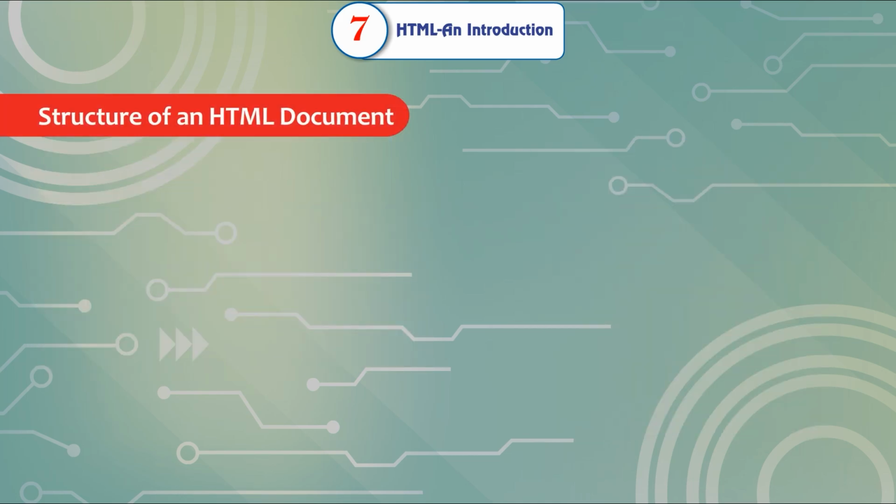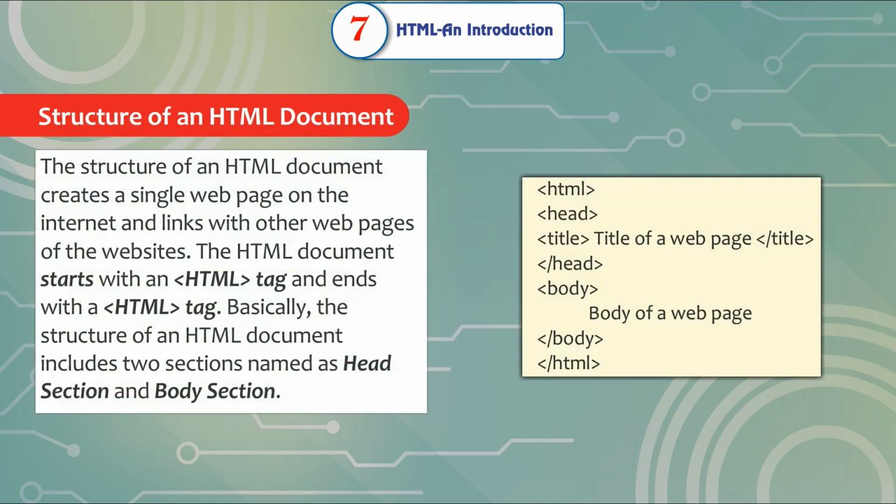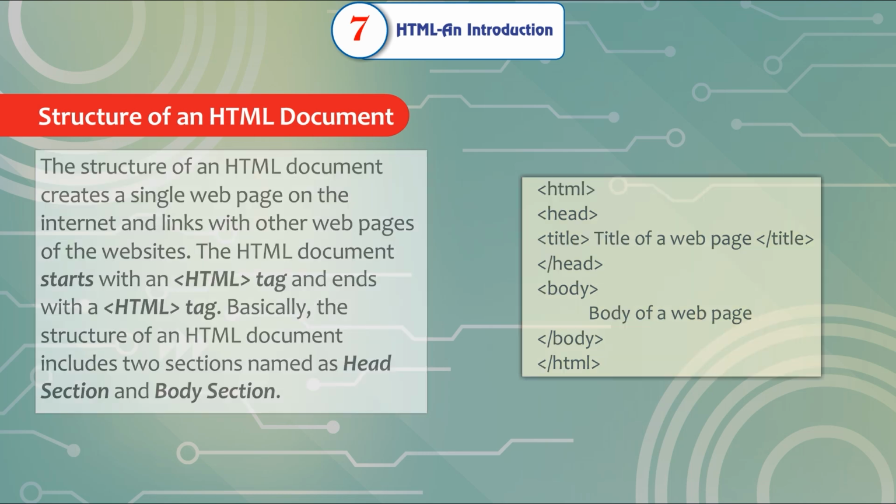Structure of an HTML document. The structure of an HTML document creates a single web page on the internet and links with other web pages of the websites. The HTML document starts with a tag and ends with a tag. Basically, the structure of an HTML document includes two sections named the head section and the body section.